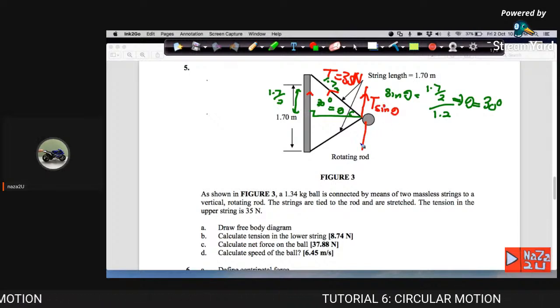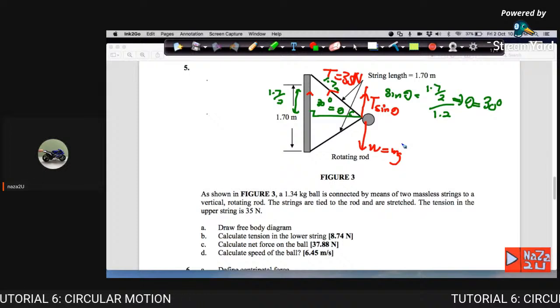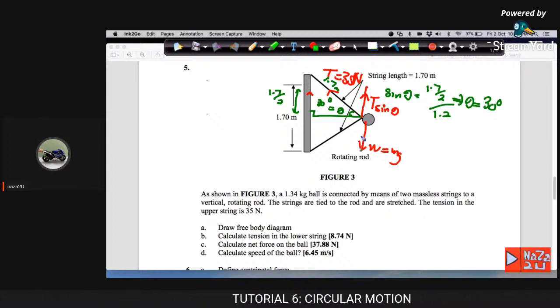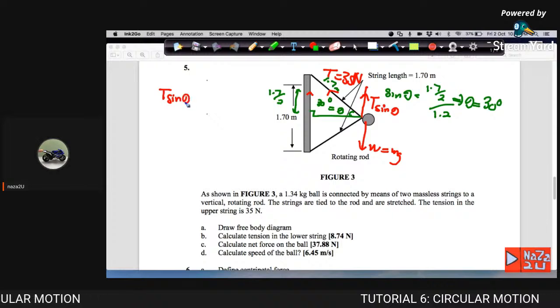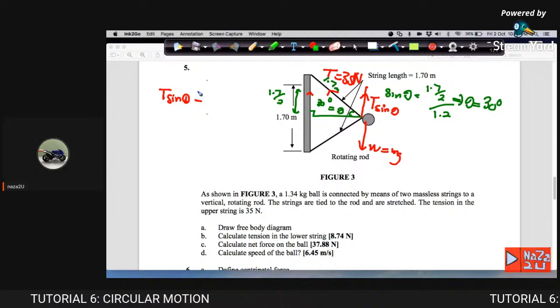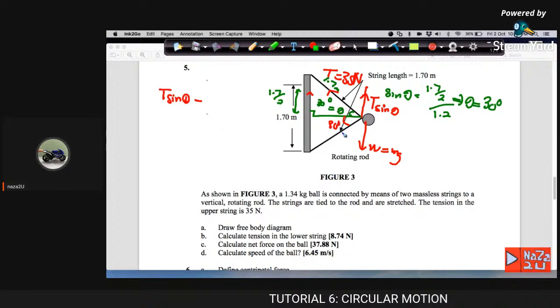And we have the downward force, the weight force W, equal to mg. The upward force is equal to the downward force because the object is not moving upward or downward. So you can use T sin theta, plus another T sin theta, which is also at 30 degrees. So we have another T here. This is T.